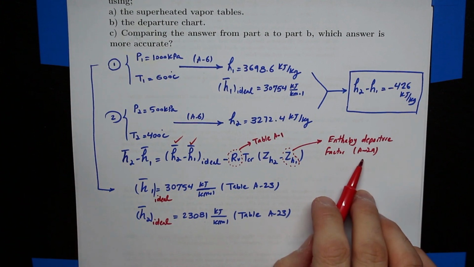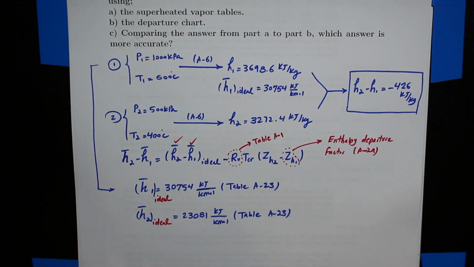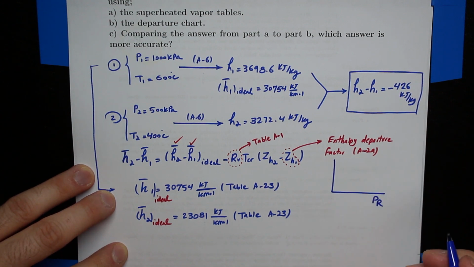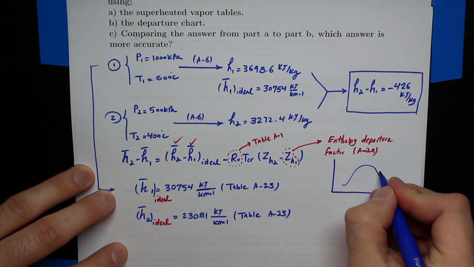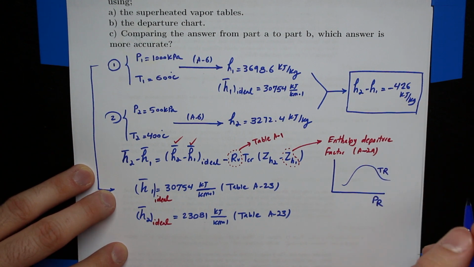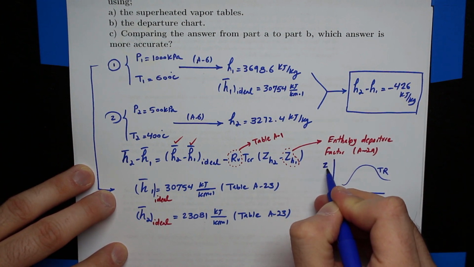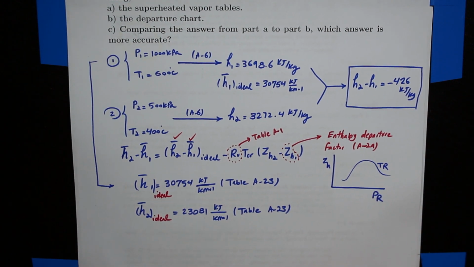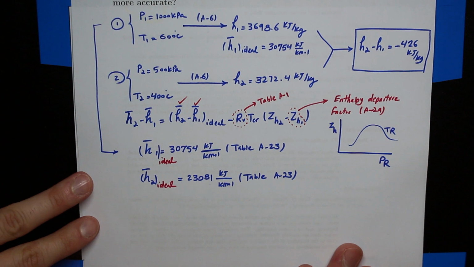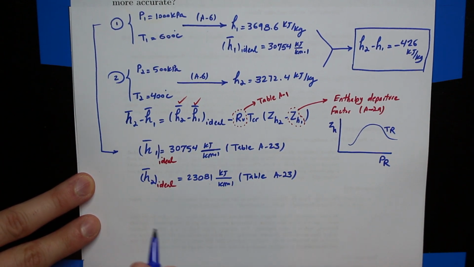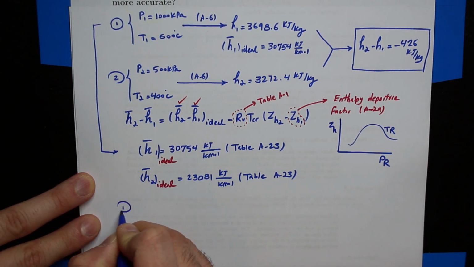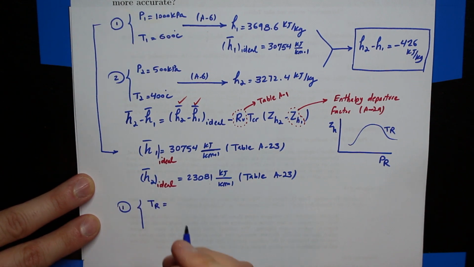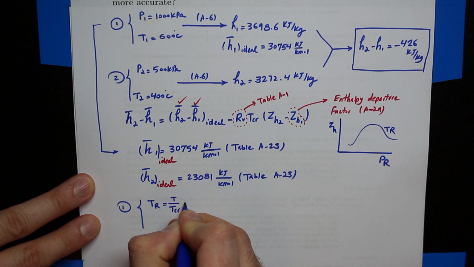If you go to that figure, we have PR on the horizontal axis, and we have reduced temperatures in different curves, and the vertical axis or the y-axis is ZH. So this is what you have in that figure. Okay, so for state 1, TR or the reduced temperature is equal to temperature over the critical temperature.